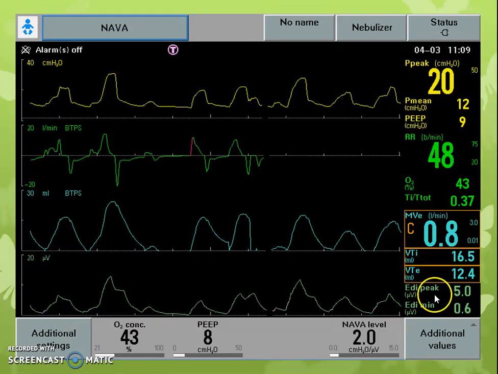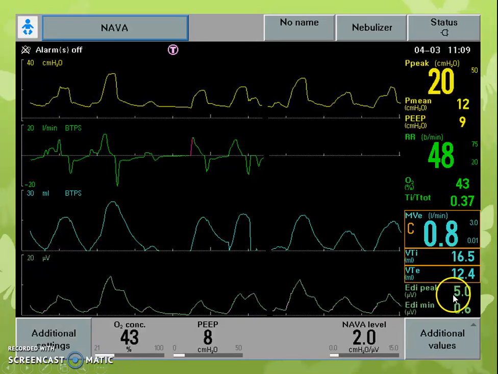Now we're talking about EDI peak relationship with the NAVA patient. Most of the time we keep our EDI peak less than 20. If the patient EDI peak is consistently higher than 20, we need to increase this NAVA level to decrease the patient's work of breathing, let the vent do more of the work.